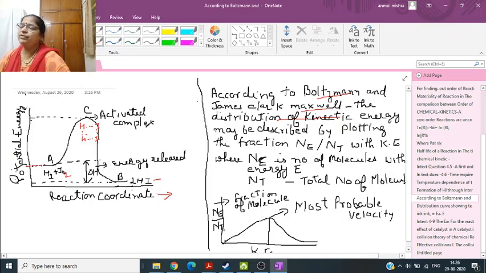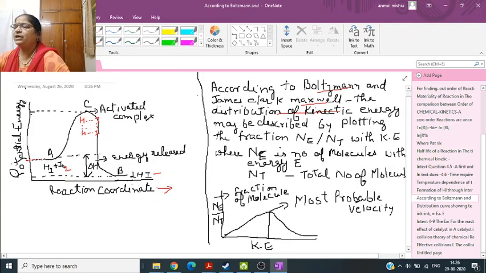So this is the fraction of molecules taking part in the reaction, and on the x-axis we have kinetic energy. A bump is obtained, and the top of the bump gives the most probable velocity.